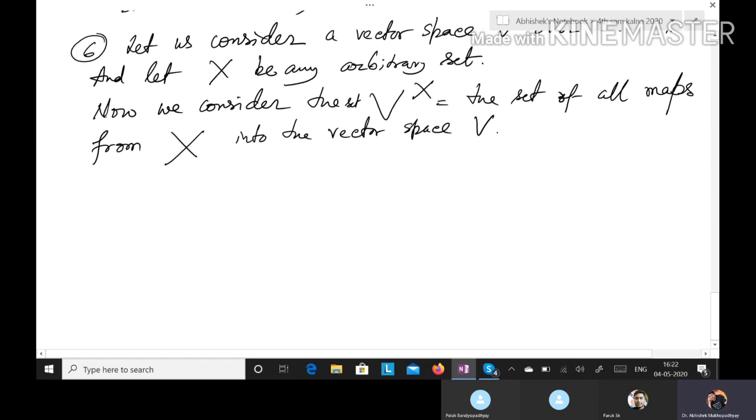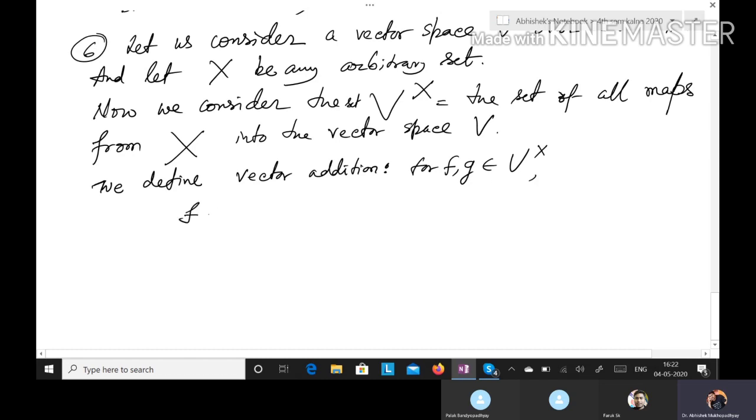So we define vector addition. What is vector addition? For two maps f, g belonging to V power X, we can define the vector addition f plus g.